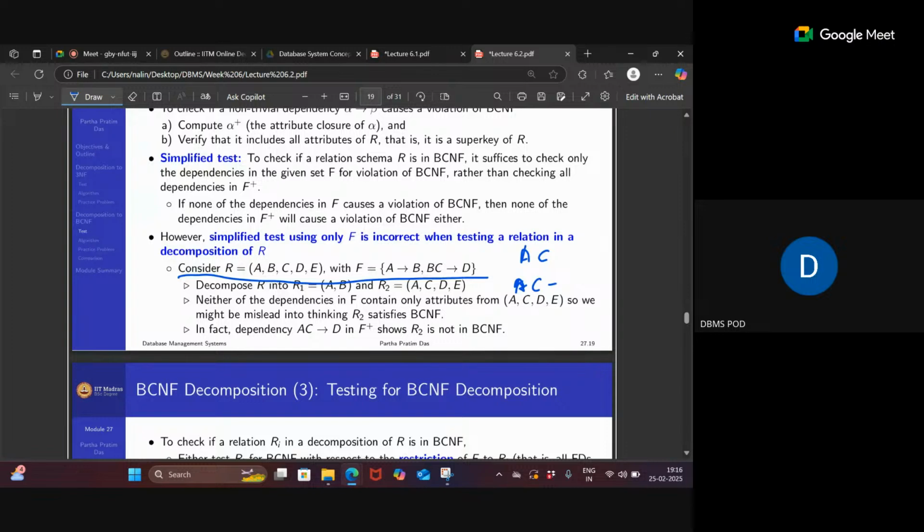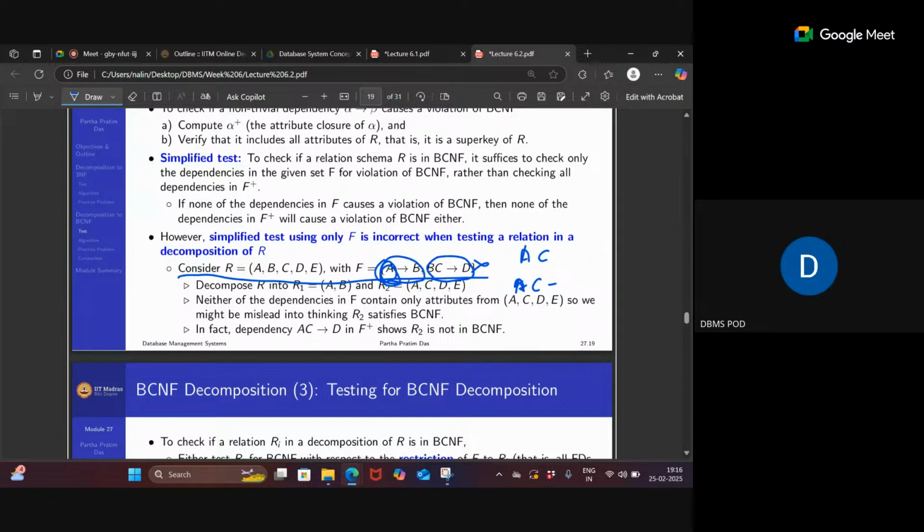Now A determines B: is it a valid FD to be in BCNF? No, right? Because A is not a super key, so it is not in BCNF. And BC determines D is also not valid to be in BCNF because BC is also not a super key.